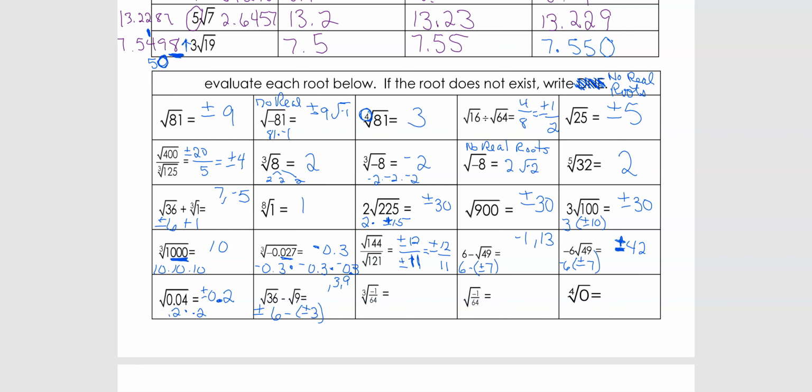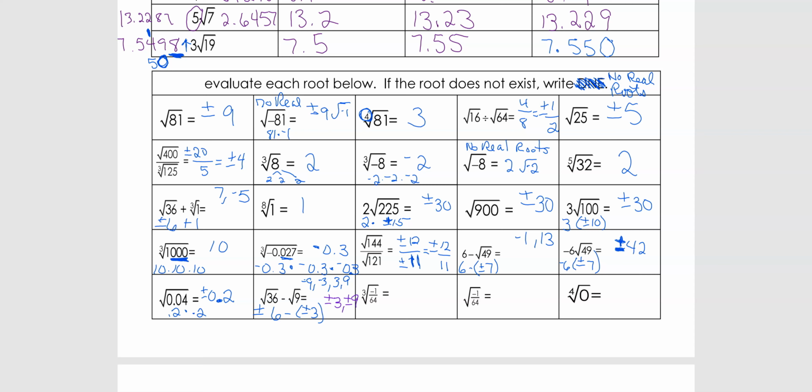Negative 6 minus positive 3 is negative 9... Negative 6 minus positive 3 is negative 9, and negative 6 minus negative 3 is negative 3. If you want a more efficient way to write this answer, you would do positive or negative 3, positive or negative 9.